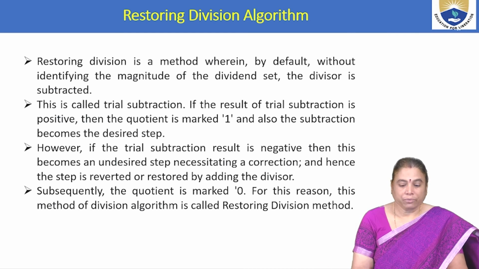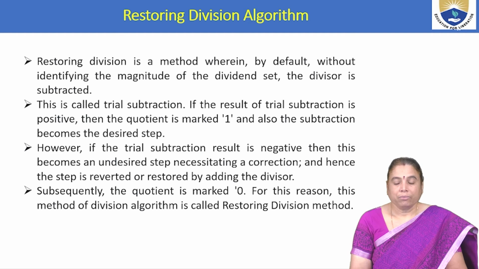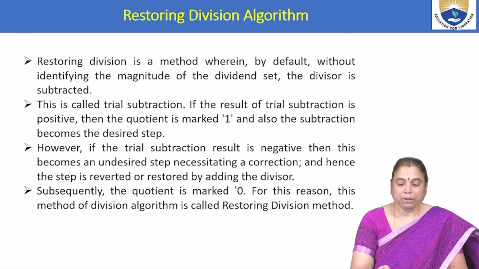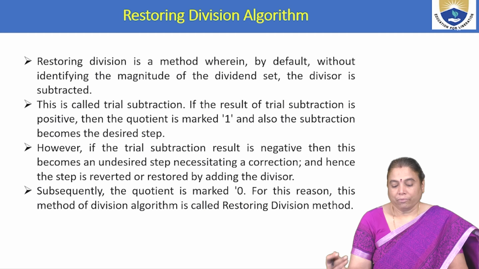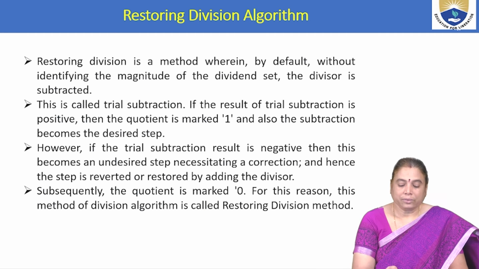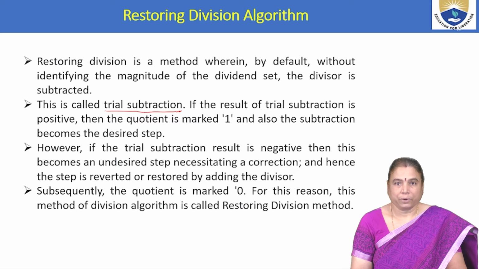Restoring division is a method wherein, by default, without identifying the magnitude of the dividend set, the divisor is subtracted. The term that is produced after subtraction is generally referred to as the trial subtraction.